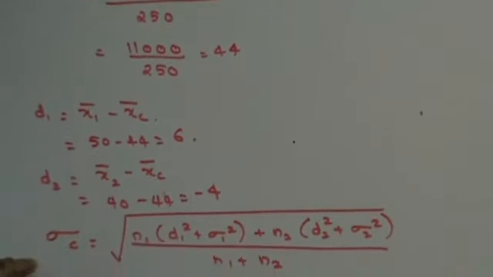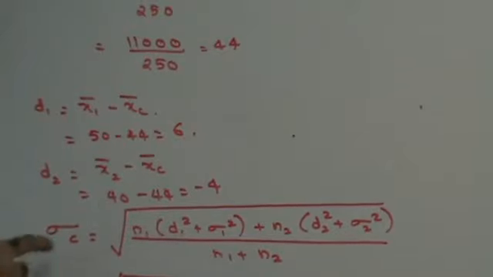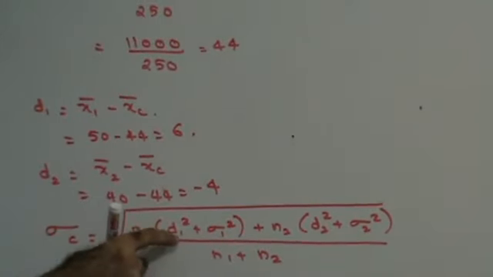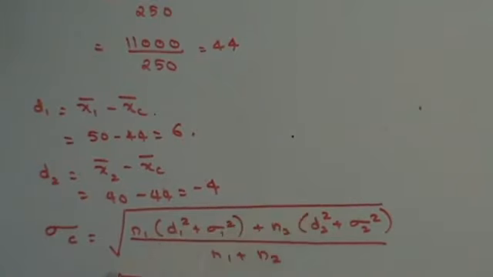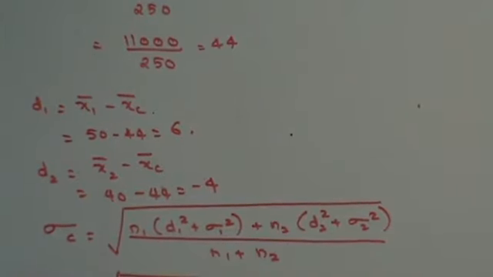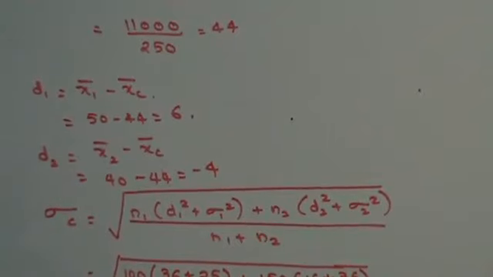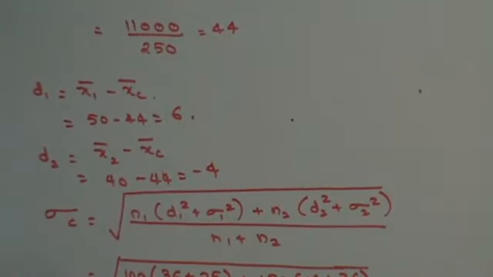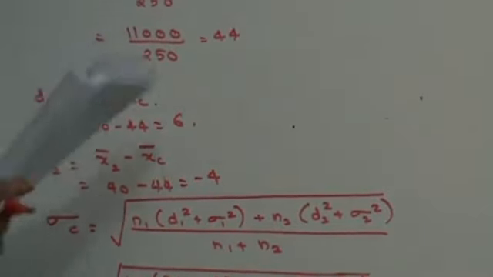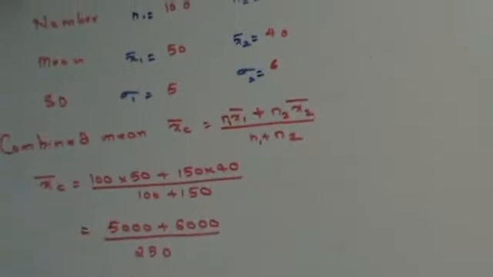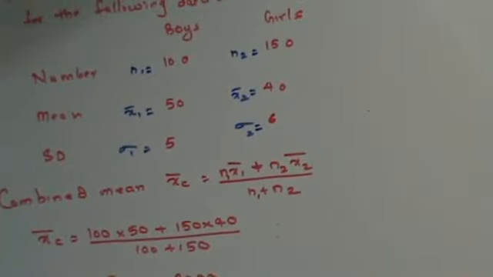Then you find out the combined standard deviation by using the formula square root of n1 d1 square plus sigma 1 square plus n2 d2 square plus sigma 2 square upon n1 plus n2. Three simple straightforward steps. I'm going to put up some sums which I want you to solve on your own, right? Let's see a couple of sums.